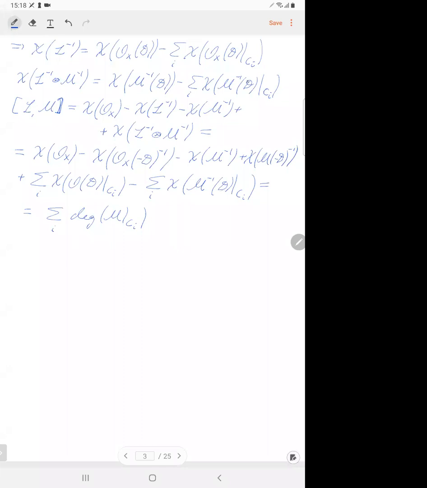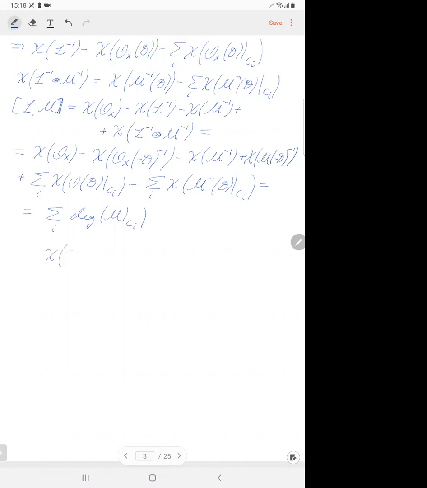And then the difference of two such Euler characteristics is the Euler characteristic of M. Well, let me write it down here.